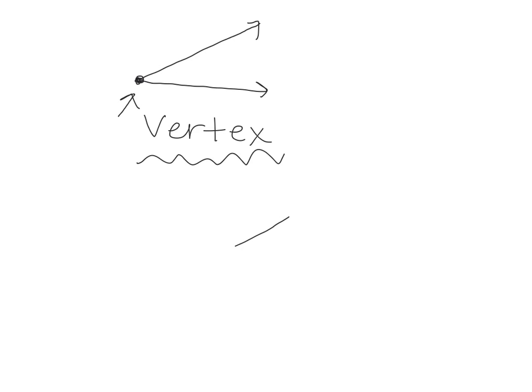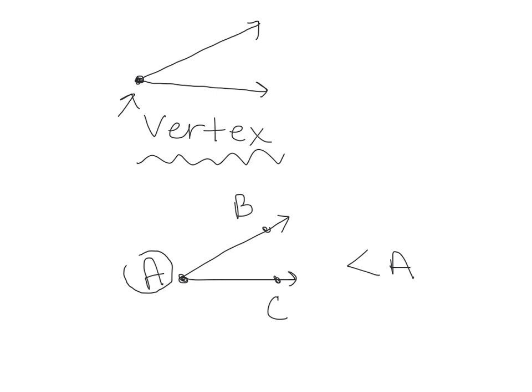We might have an angle that has a vertex, and that point that's there, we might call that point A, so I could call that angle A. I might also label points on the rays, and so you label the angle making sure that the vertex is in the middle, so I could call that angle BAC, because the A is in the middle, or angle CAB, and I would be talking about this opening that's inside here. So if I say angle A, or angle BAC, or angle CAB, I'm talking about the same angle.